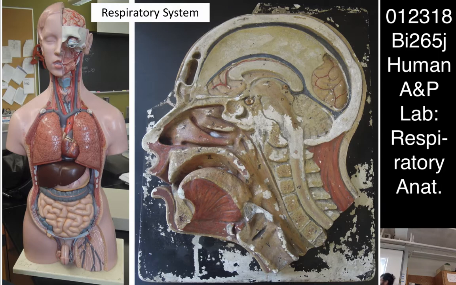And then you can't see it well in this diagram, but it would be on the posterior margin of this nasopharynx. You're going to see this tissue drawn right here. This is what we would call the pharyngeal tonsil, otherwise known as the adenoid, A-D-E-N-O-I-D.